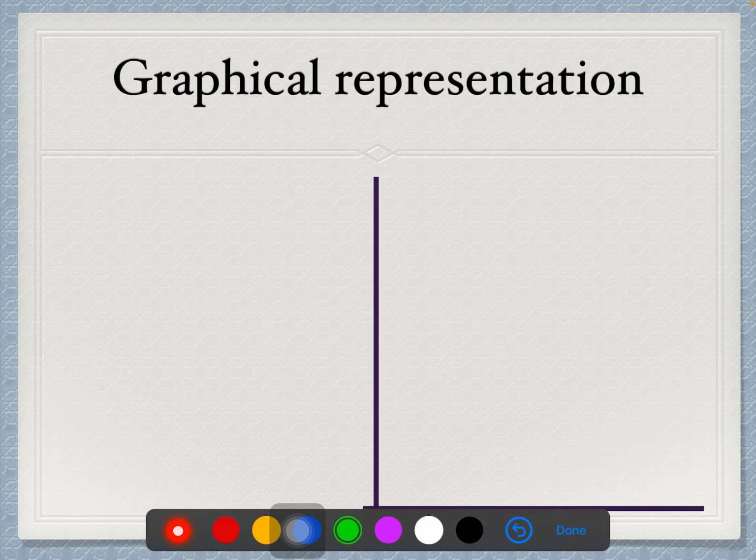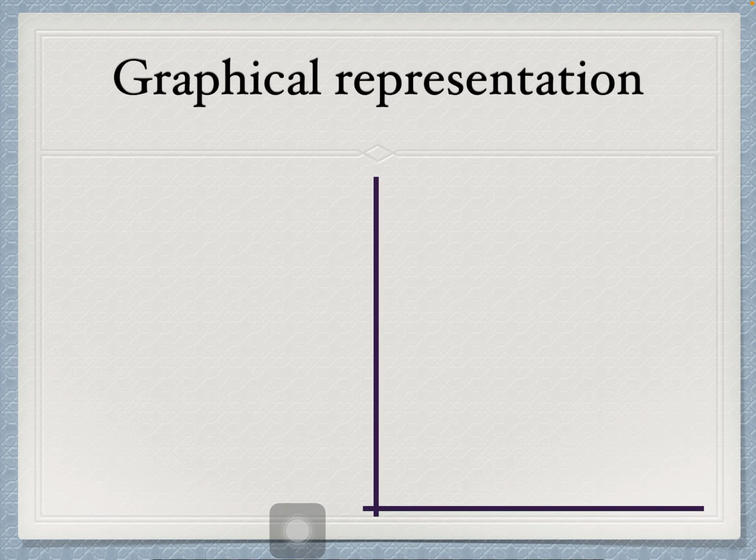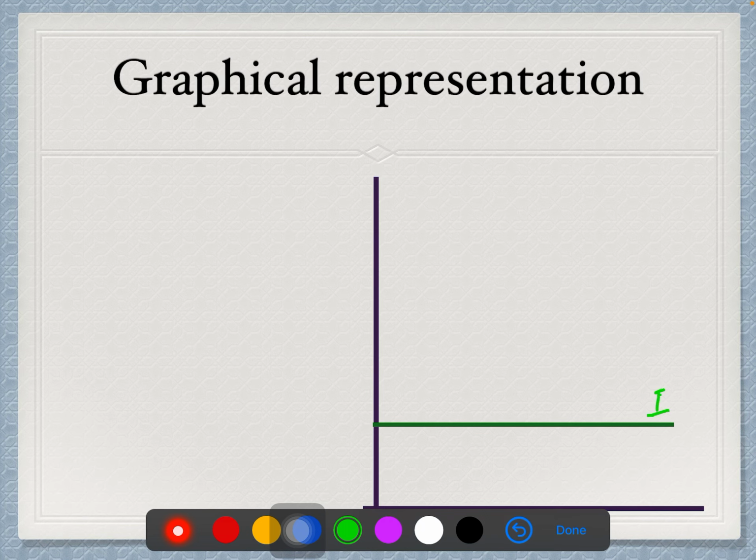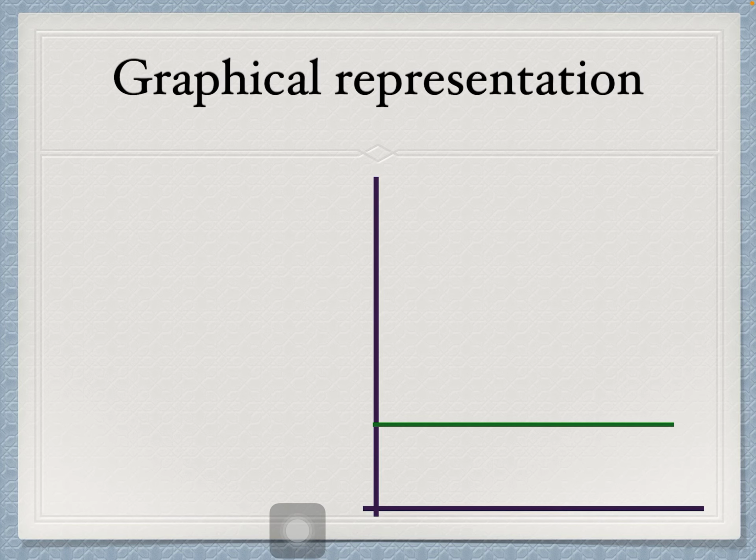So here you have a diagram, with the x-axis and the y-axis. Let's see what things you're going to get. The first curve is the investment function. Let me write it, that is I bar, which is I is equal to I bar.